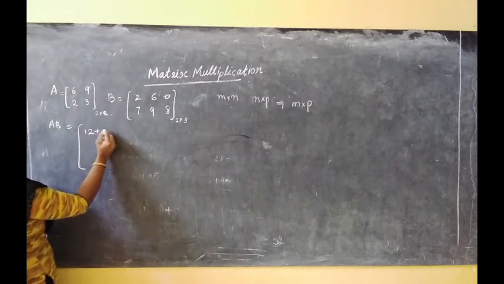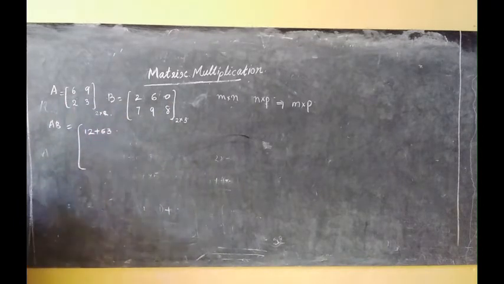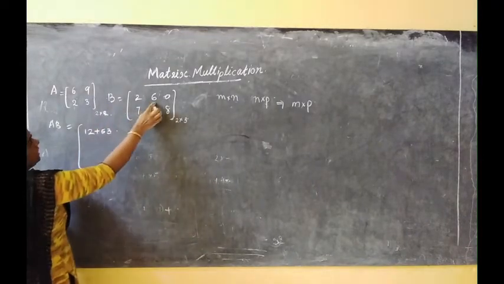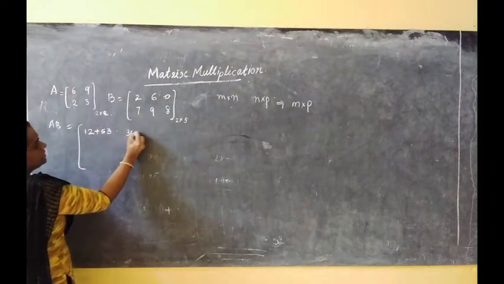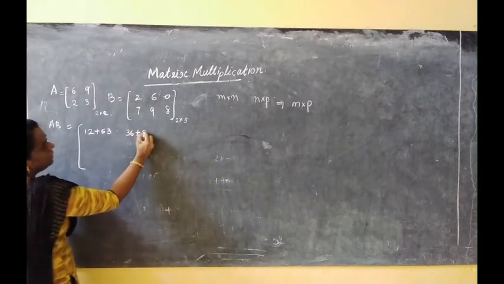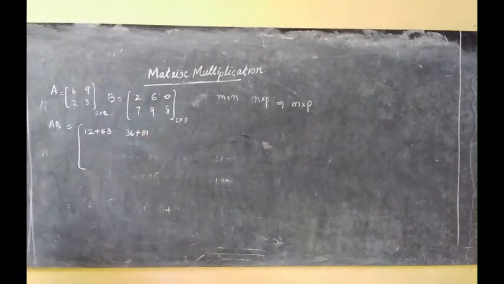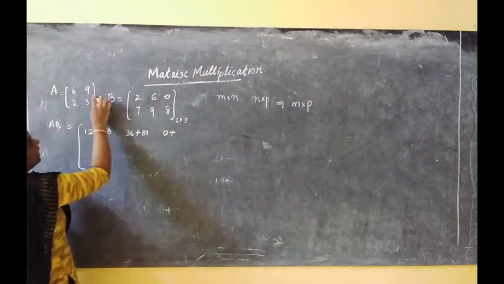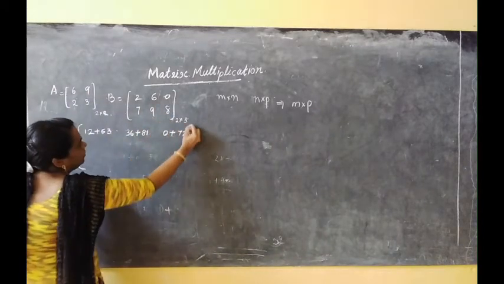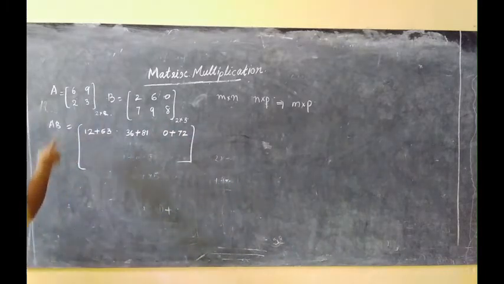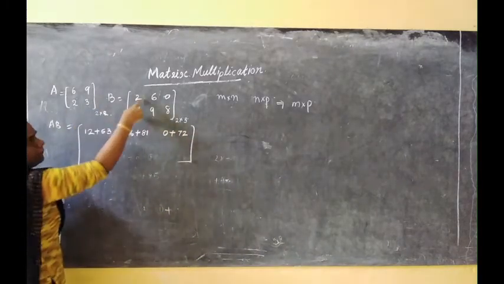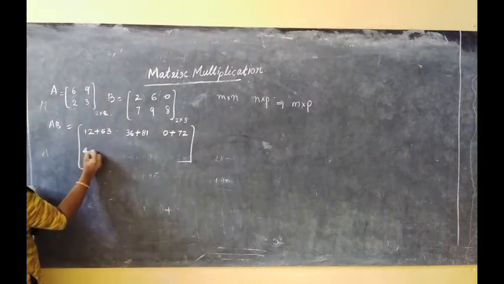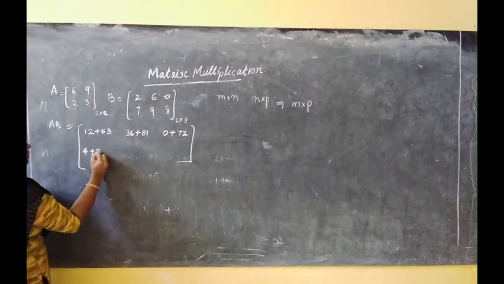Plus 9 into 7, 9 sevens are 63. We get the first element. Second element: 6 into 6, 36, plus 9 into 9, 81. The last element: 6 into 0, 0, plus 9 into 8, 72. Now the second row, first element: 2 into 2, 4, plus 3 into 7, 21.